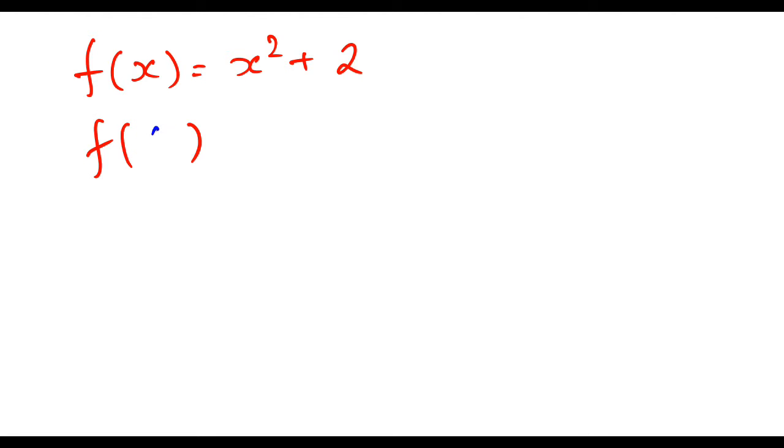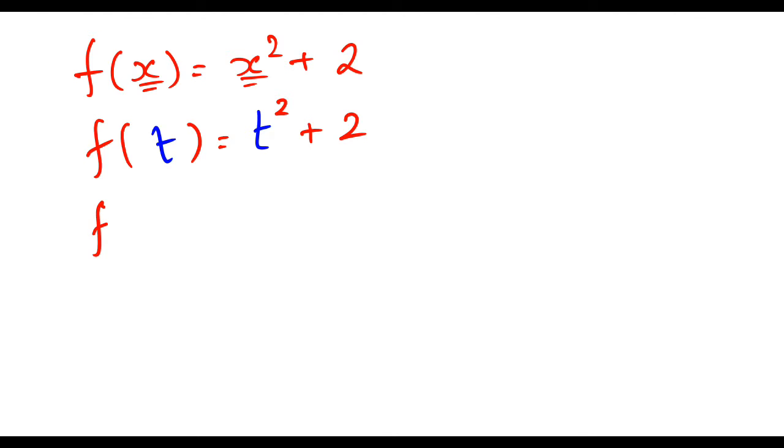I can also substitute anything into the function. For example, if I have f of x is equal to x square plus 2, instead of x, I can substitute, say, 3t, and that should give me 3t square plus 2. So in the place of x, you replace it with 3t.